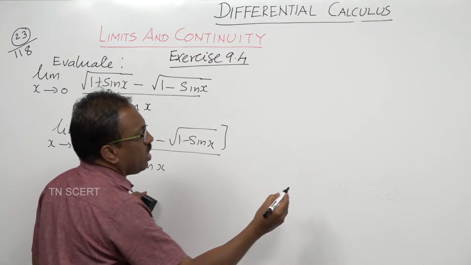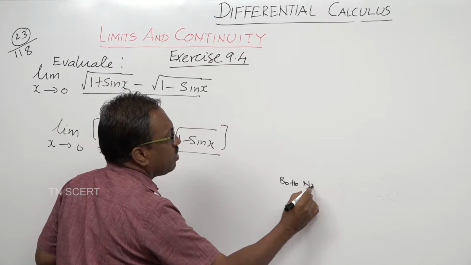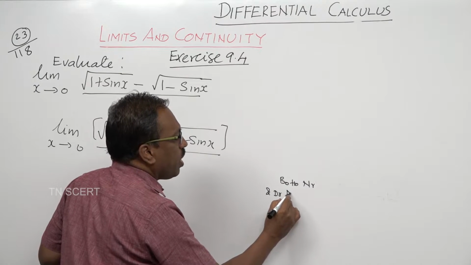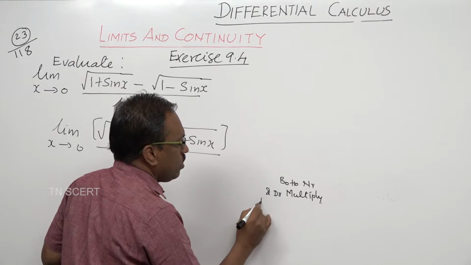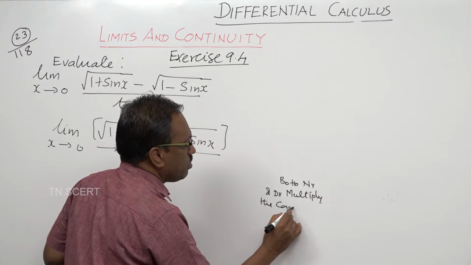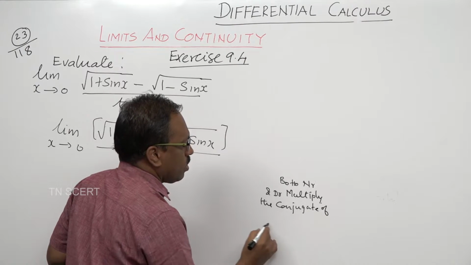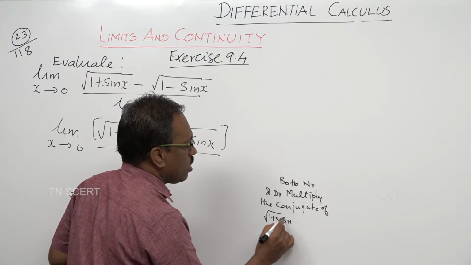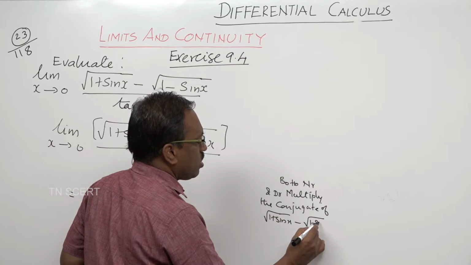Both numerator and denominator are multiplied by the conjugate of the term, root of 1 plus sin x minus root of 1 minus sin x.